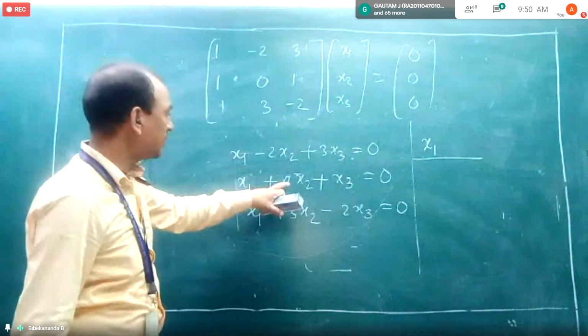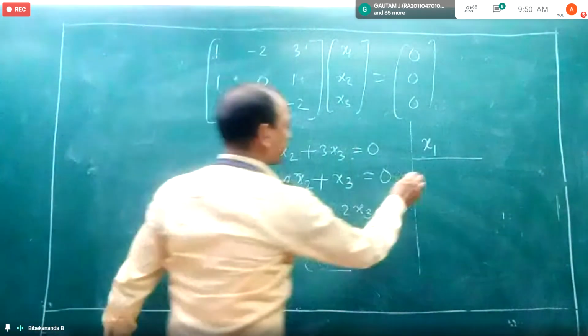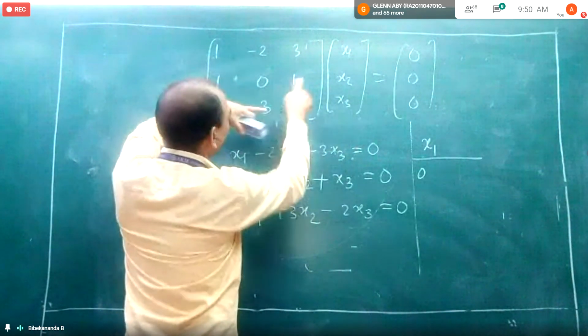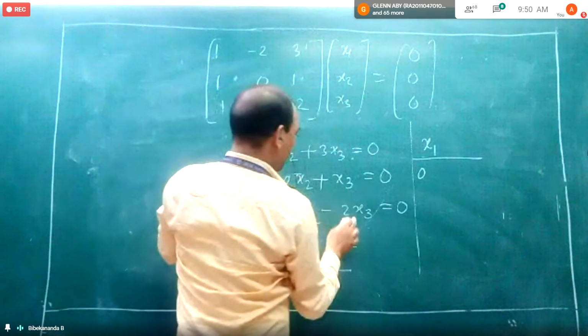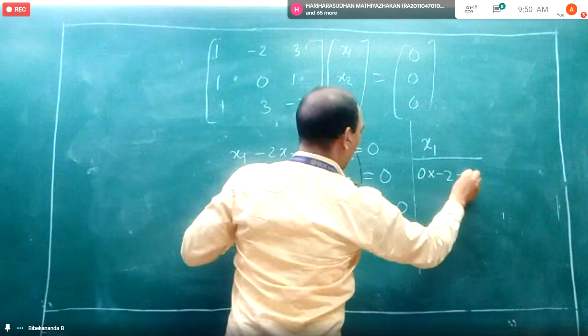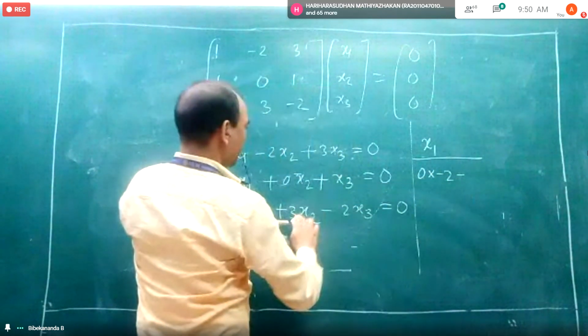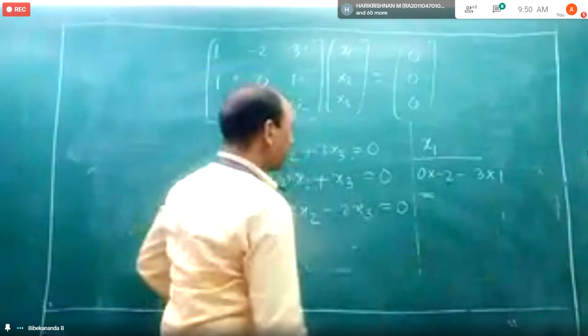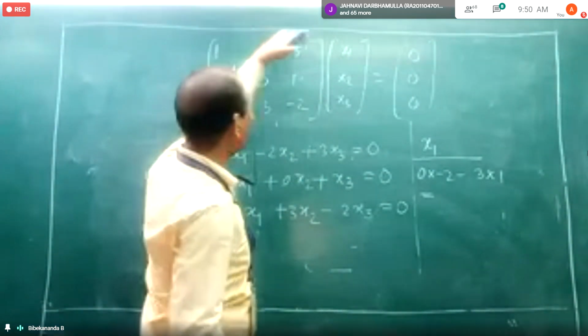Then what will be the other thing? 0 into minus 2, 3 into 1. So 0 into minus 2 minus 3 into 1, is equal to, with alternating signs, plus minus plus.